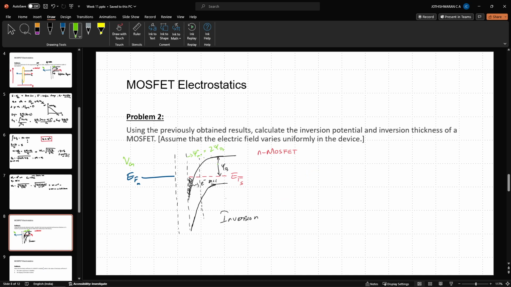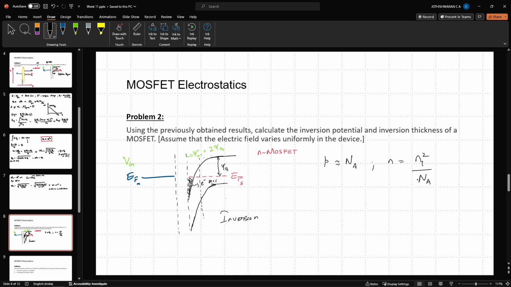So first and foremost, I need to find out what the inversion potential is. To find that, since this material is p-doped, the hole concentration is approximately equal to Na, and the electron concentration is ni squared by Na.